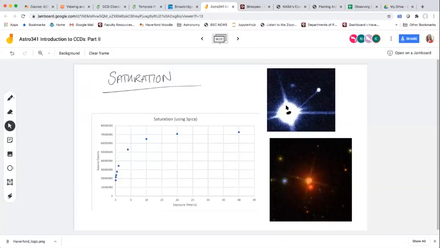You get dispersion of electrons, making big blobs, which cause all kinds of problems for doing faint imaging. So I measured this with Spiker earlier in the summer. Here's the linear regime, and then as you keep doing longer and longer exposure times, and this is only in seconds, stars are bright, we hit saturation. It's starting to tend to no increase in counts.